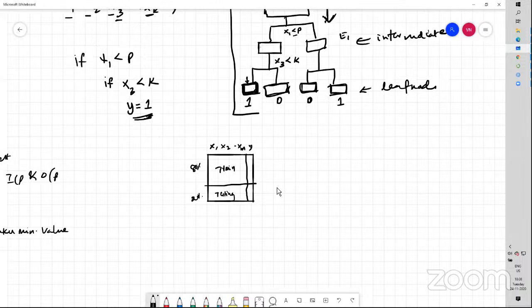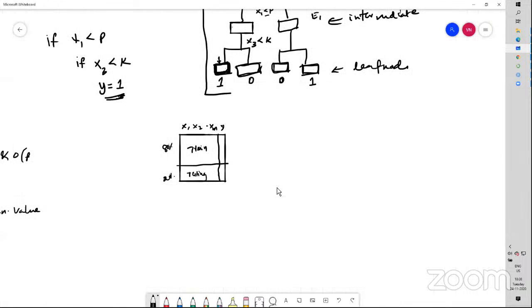Then in the training process, that means when we are trying to learn this decision tree, we only use this training portion.